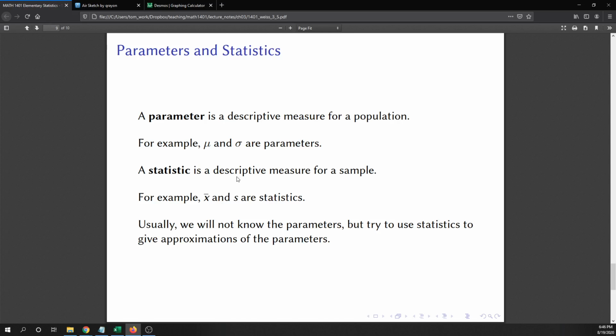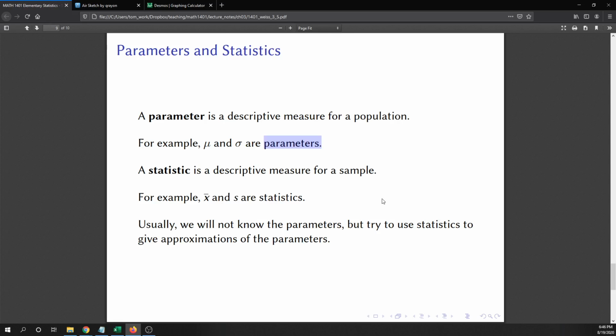So those would be considered parameters because they are descriptive measures for a population. And a statistic is a descriptive measure for a sample. So for a sample, that would be x bar, the sample mean, and s, the sample standard deviation. Those are statistics because those are for a sample.